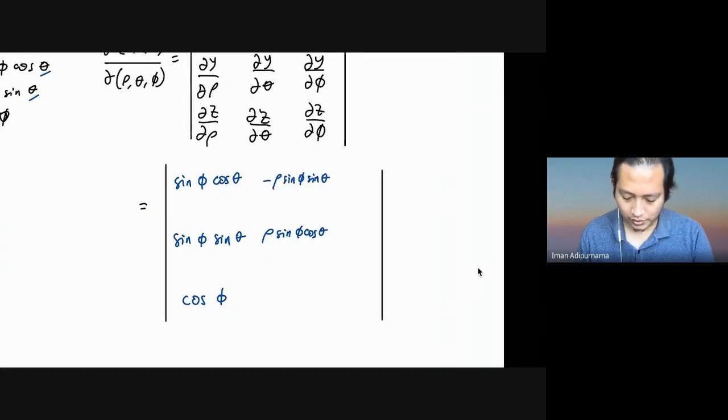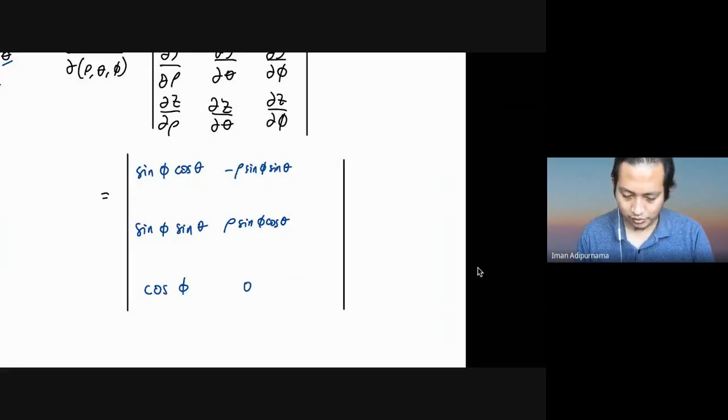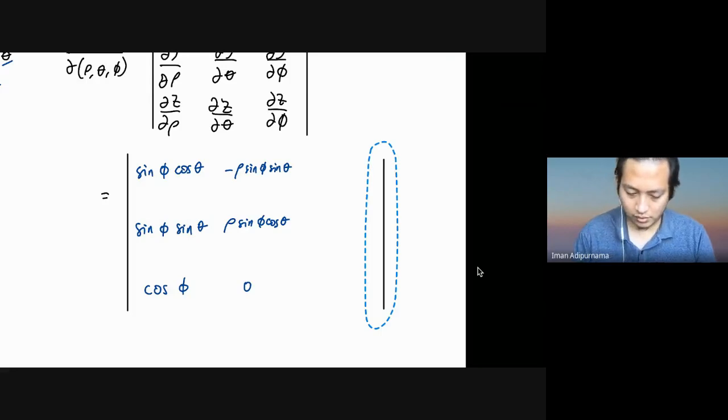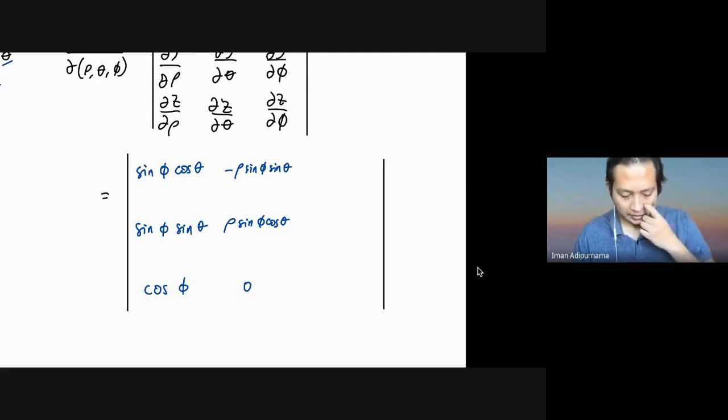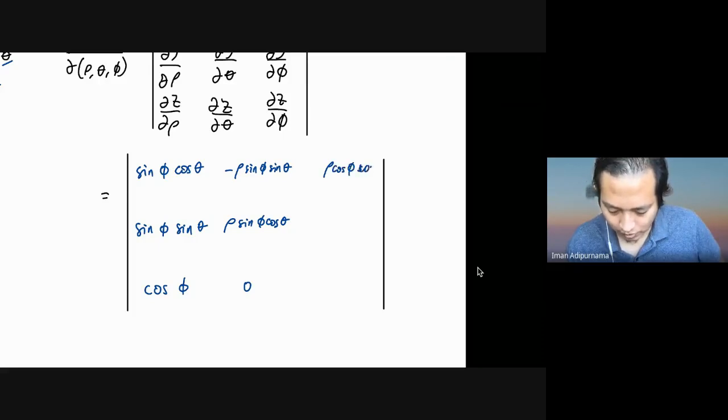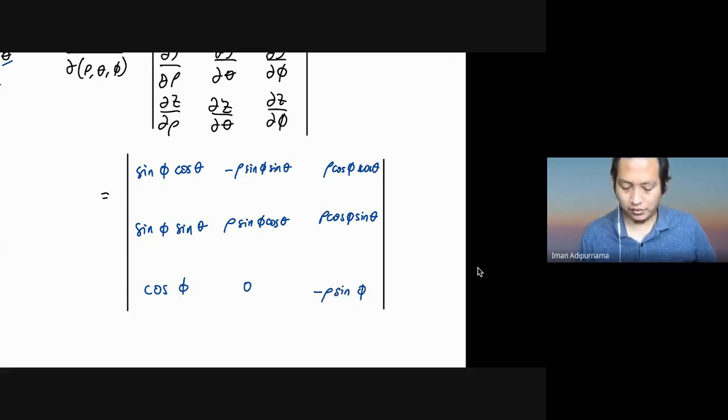And z, there is no theta, so it will be 0. And then this will be rho cos psi cos theta, rho cos psi sine theta, and this will be negative rho sine psi.